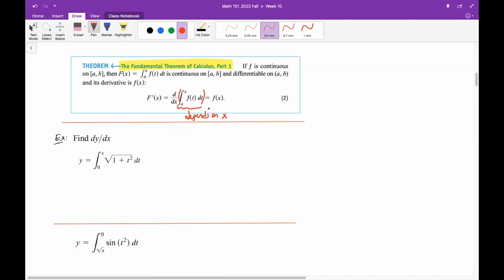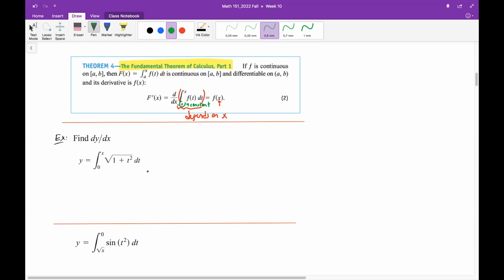So the overall result will depend on x, obviously. And since derivative and the integral are inverse operations, we will end up with the original function again. And by the way, here a is an arbitrary constant, okay? So this is what we call the fundamental theorem of calculus part 1.